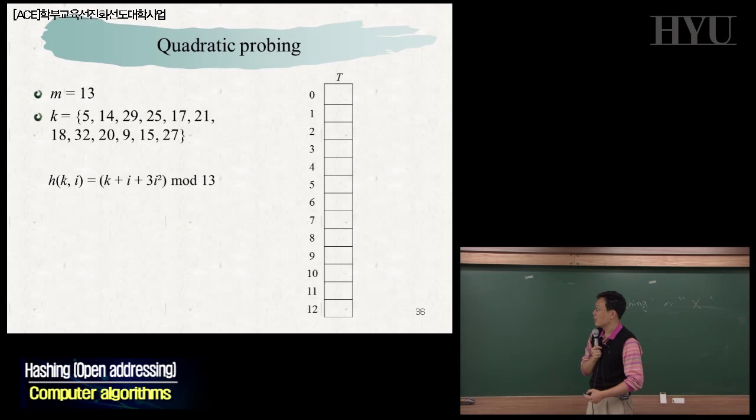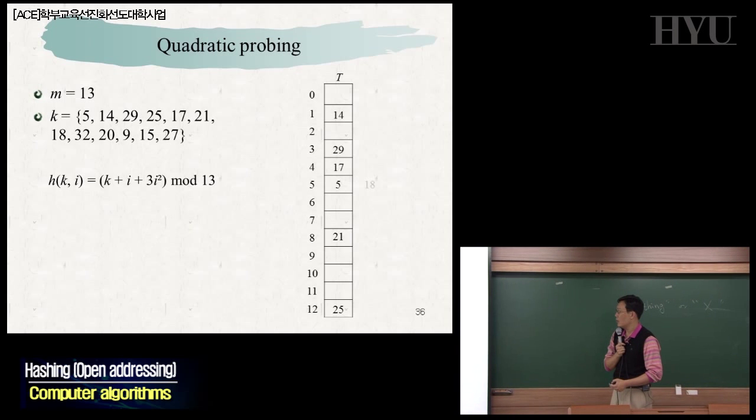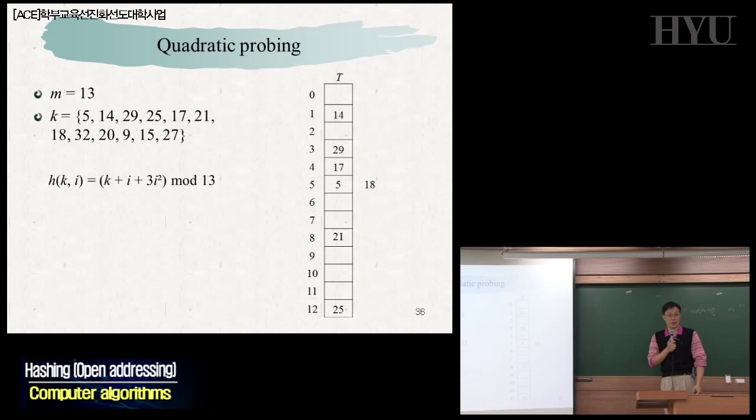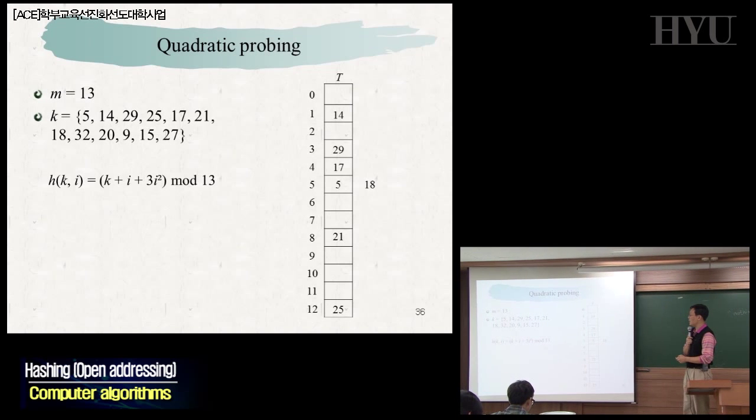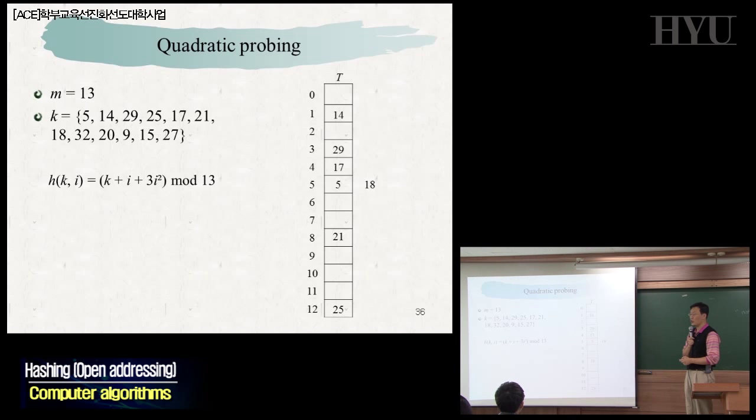That is 5, 14, 29, 25, 17, 21. Okay, this is the first collision, 18. And then, where should it be stored?